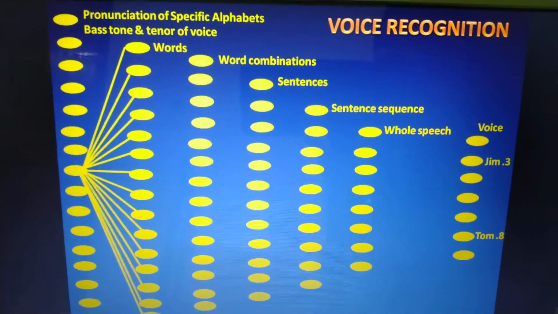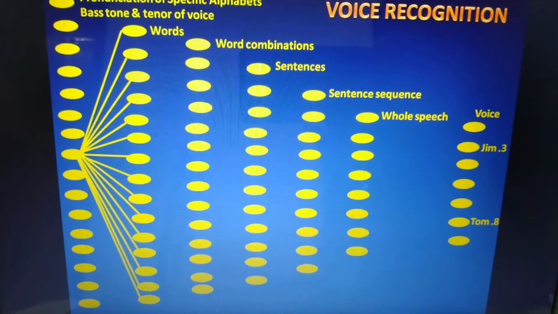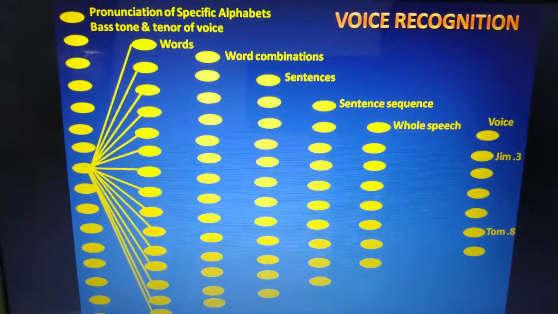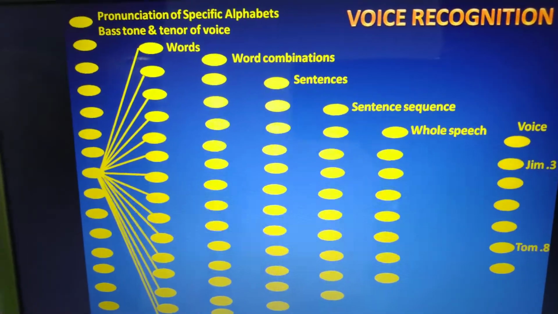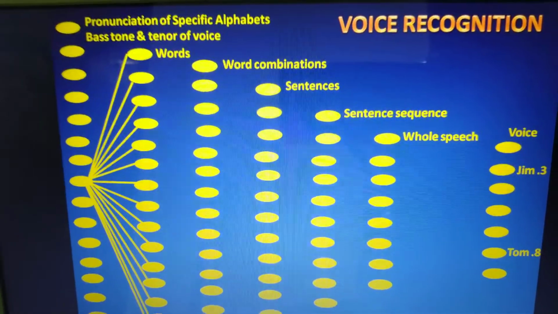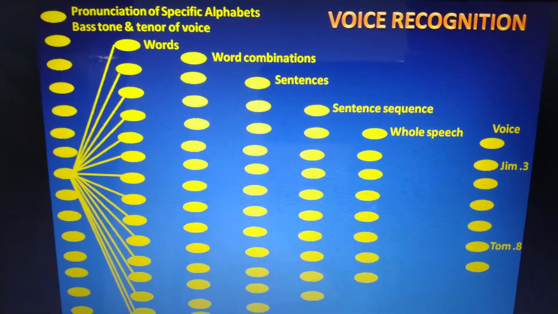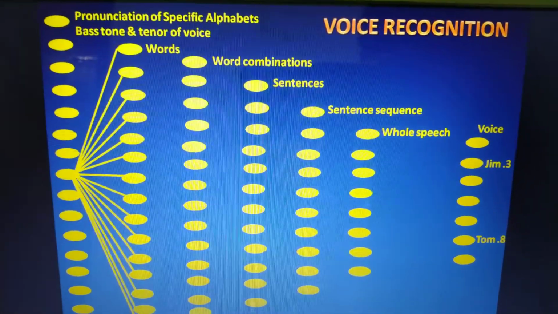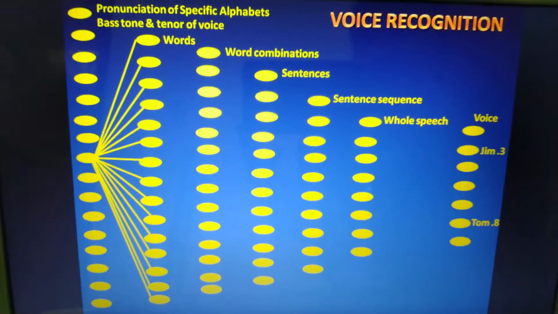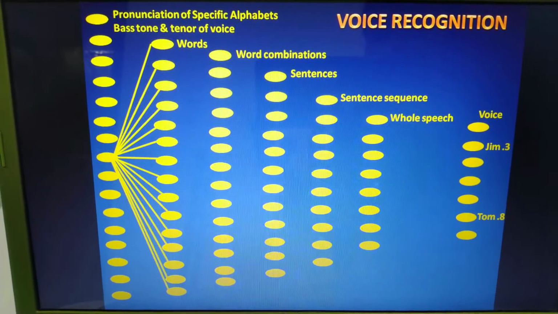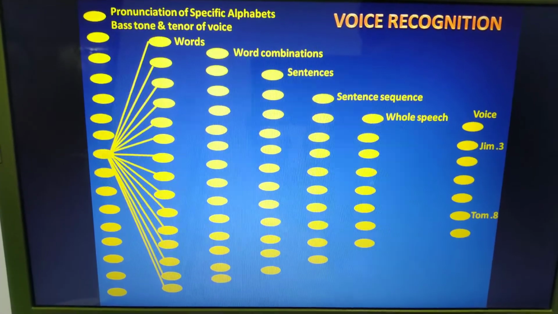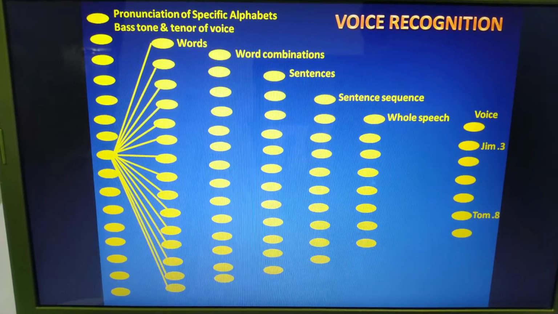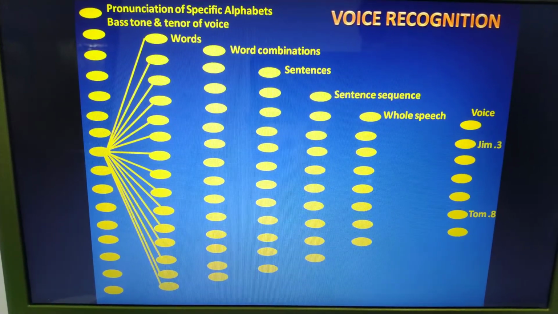We have different bass, tone and tenor for our voice. So the first set of neurons checks out how much it matches with the voice of Jim and that of Tom. The second set of neurons combines the pronunciation of alphabets and checks out the pronunciation of words.